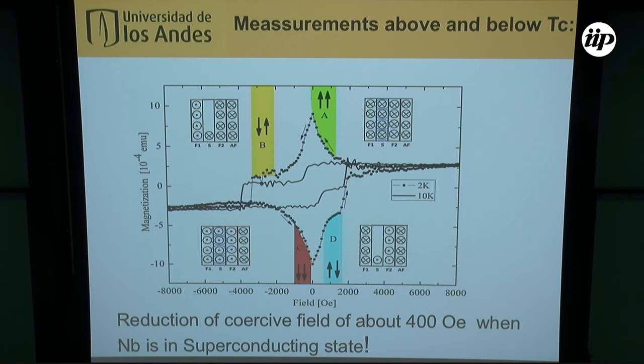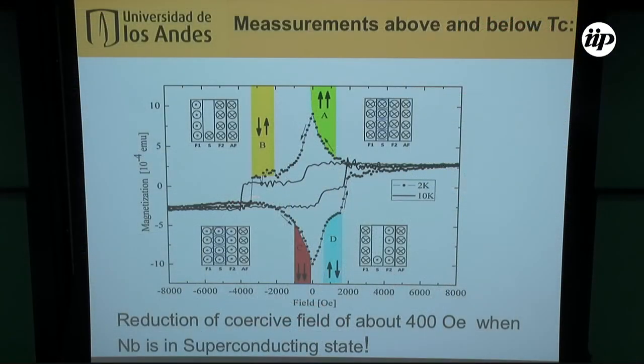So now the energy does not seem to be enough to flip the vortex, but is enough to alter the coercive field of the ferromagnet. Okay? That was very surprising, so surprising that we just report this result, but we could not have a clear explanation of what was going on here. So this is an open question on why the coercive field of the ferromagnet reduces when it's not able to flip vortices, but something is happening, right?